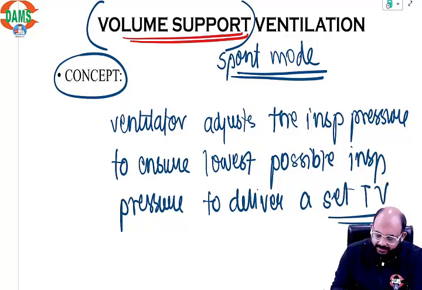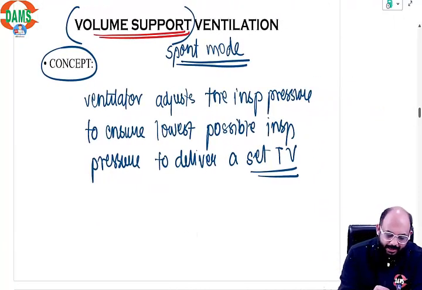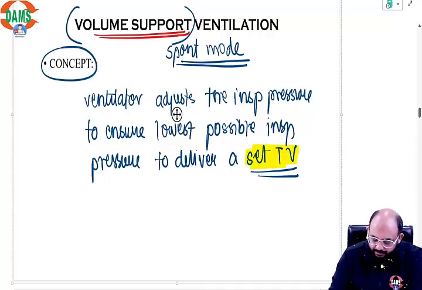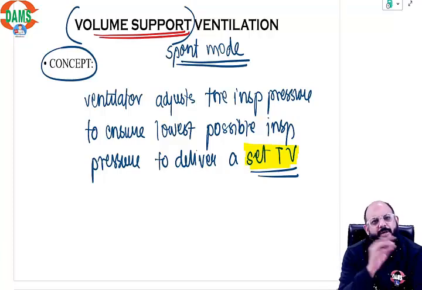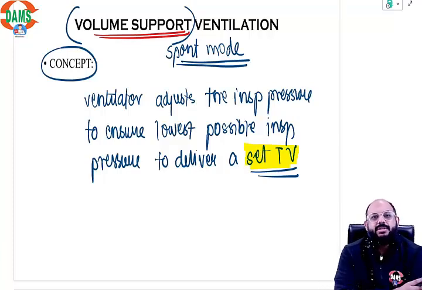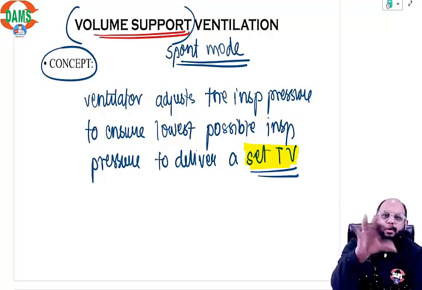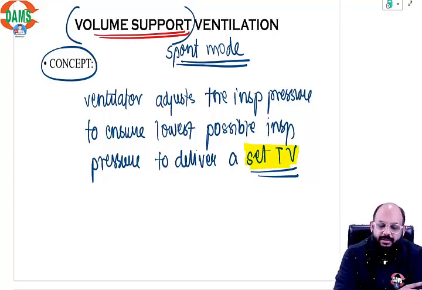So we have kept tidal volume as our target here, and we try to achieve a set tidal volume, and whatever the minimum pressure that is required to achieve this set tidal volume is what your ventilator will deliver.